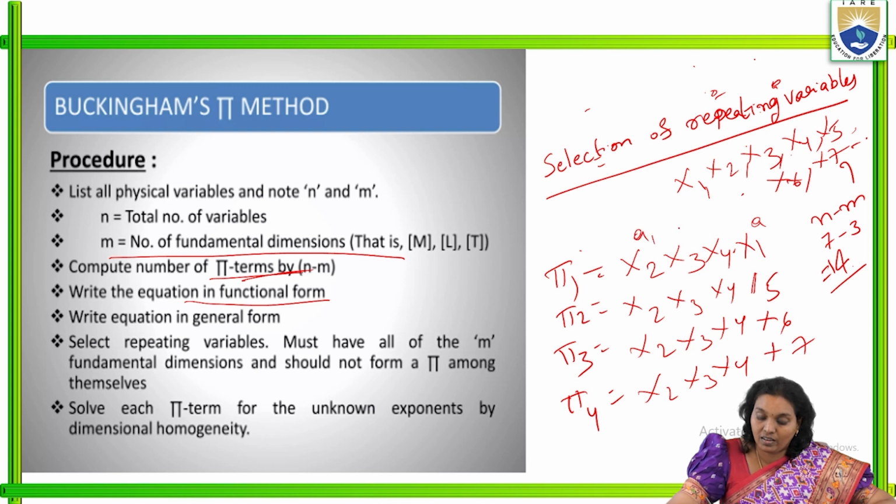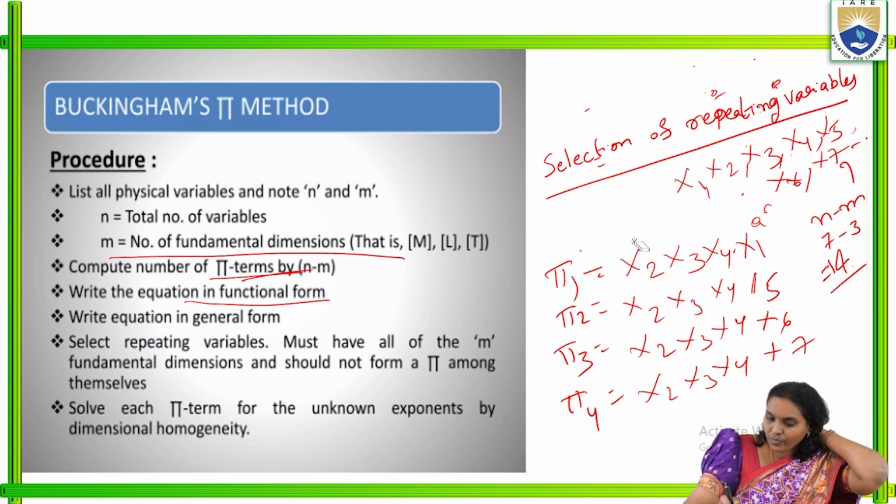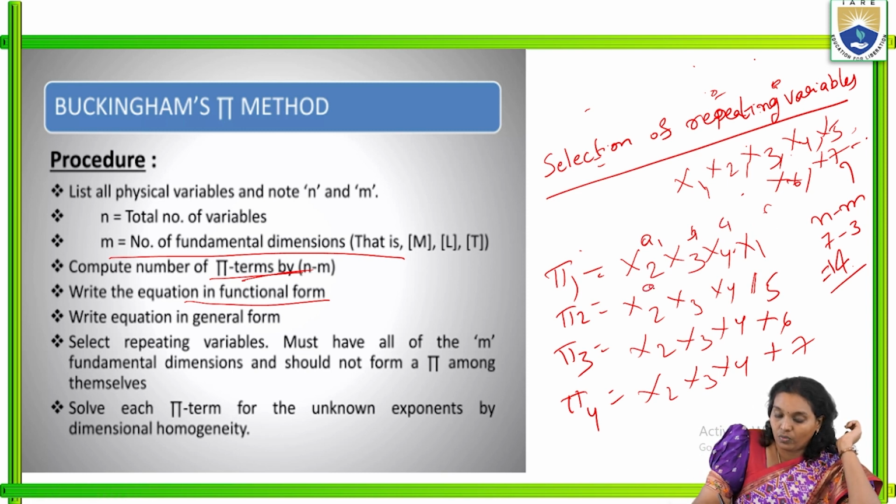This is A1, B1, C1, like that we have to write. So based on this, A1, B1, C1, this is dimensionless. Next A2, B2, C2, then A3, B3, C3, A4, B4, C4.